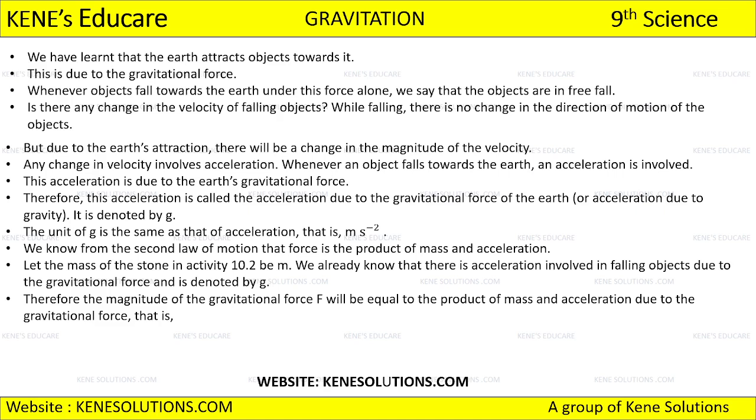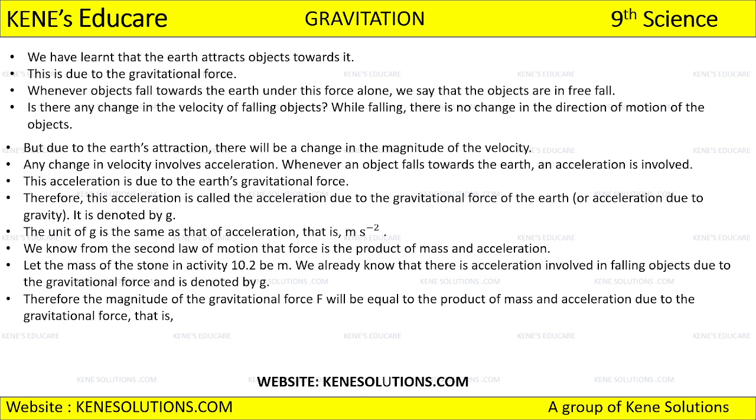So is there any change in the velocity of the falling object? What do you think? See, while falling, there is no change in the direction of motion of the object. The direction of the motion is going to remain the same when the object falls down. But because of the Earth's attraction, there will be a change in the magnitude of the velocity.